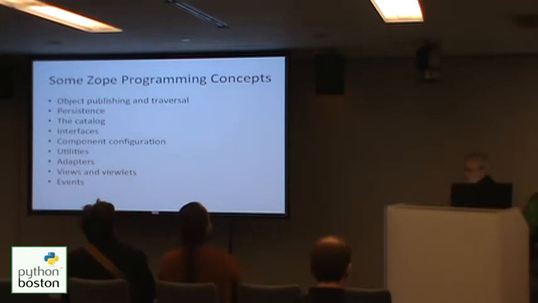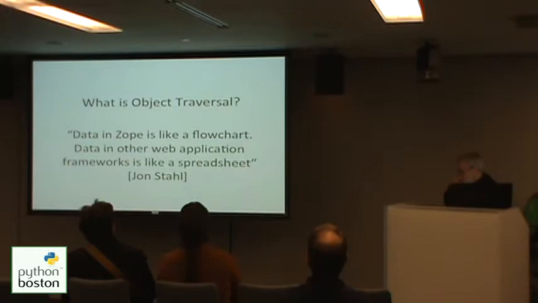The way the traversal pattern works is that you think of it like a flowchart. You go through each of the elements of a URL, and you start at the root of the database, and for each element in the URL it basically looks in the root for that object, whether it's an object, a method, an attribute, the value of a key, or, there's a few things that it looks for.